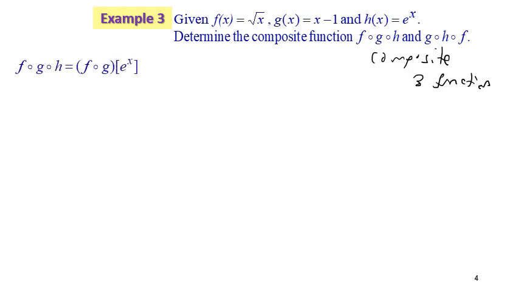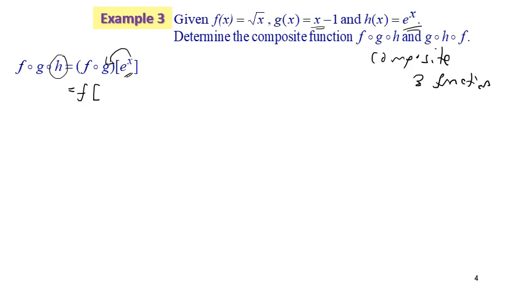As I said before, the right one will be an input first. So we substitute first function h, which is e to the x. And then next, this e to the x will be an input for function g. So function g here is x minus 1. So insert this e to the x into x in function g.